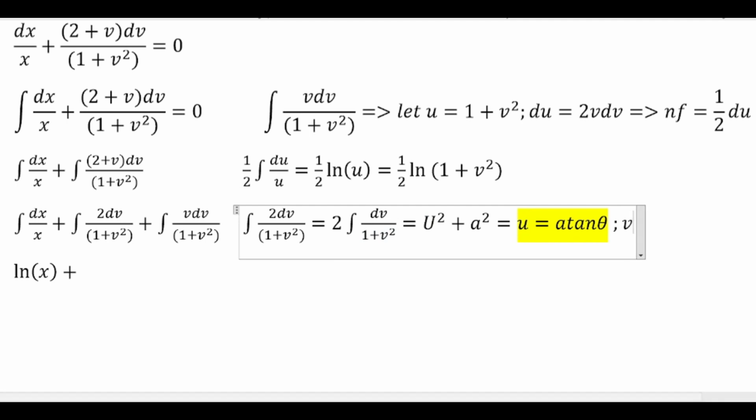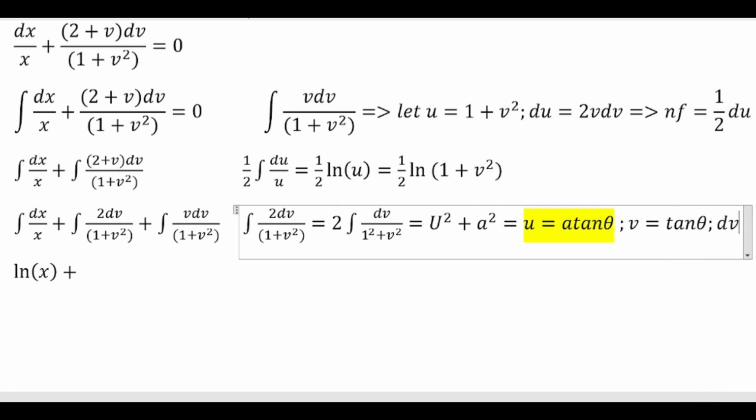Now our a here is only 1, because 1 squared is still 1. So even though it says squared over there, it will become 1. So v equals tan theta.